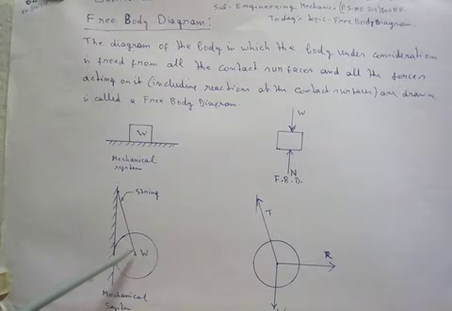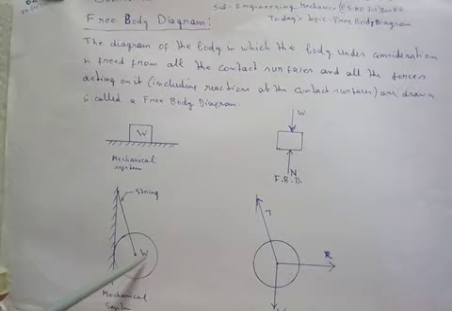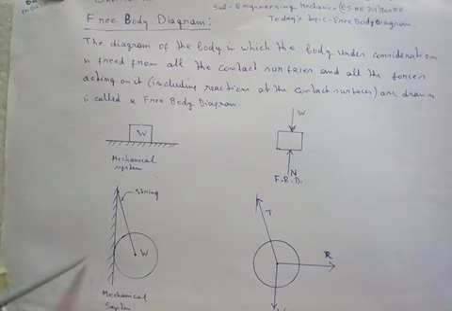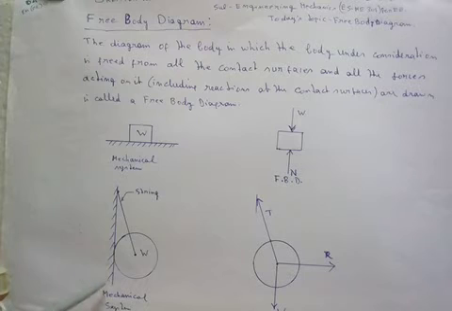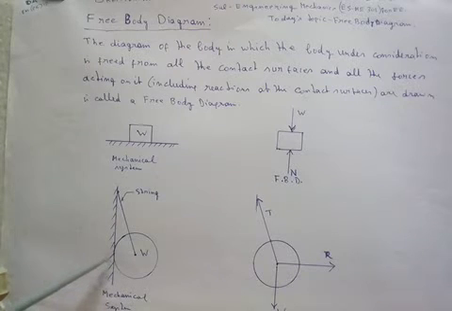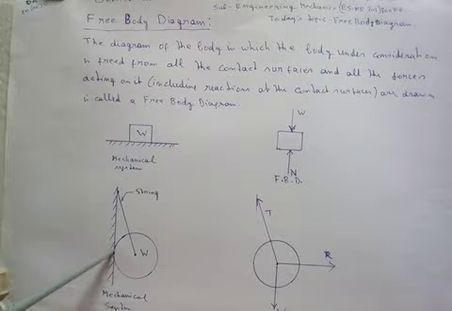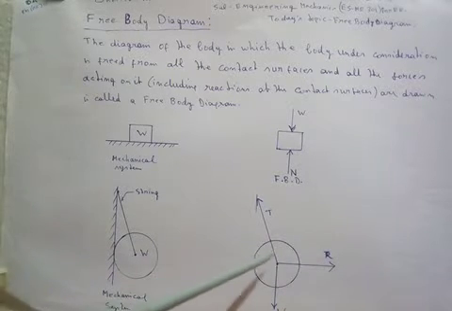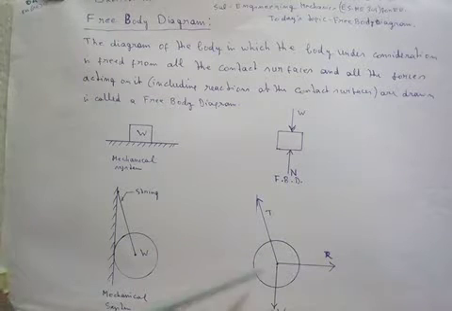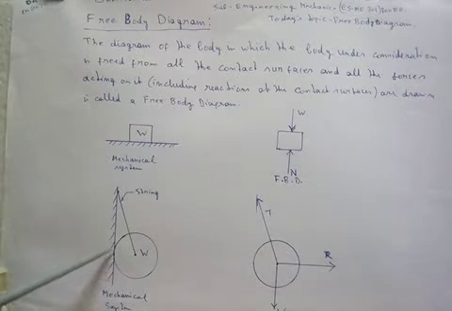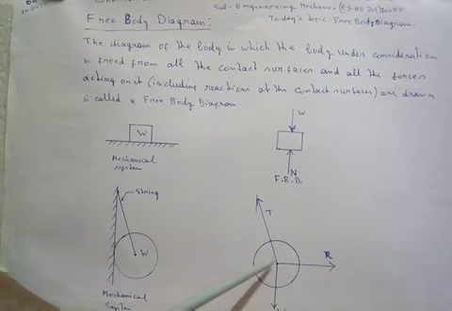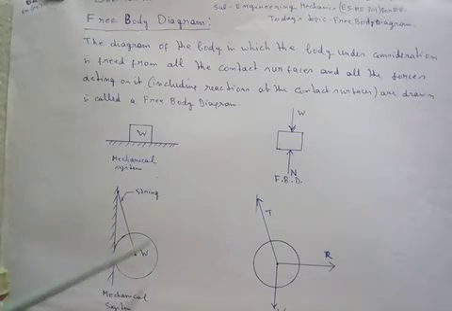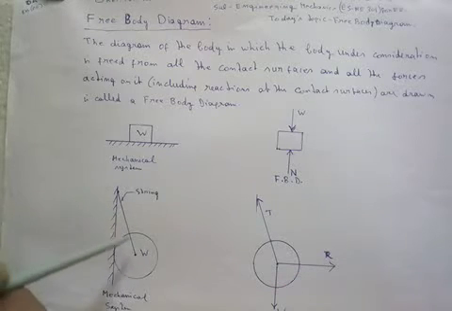Now this ball has a tendency to go to the left side, but the wall is giving the resistance. So a normal reaction will be at this contact point, in this direction. So W is acting vertically downward and the normal reaction at this point is horizontal, in the right direction.